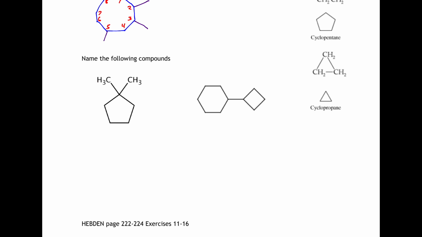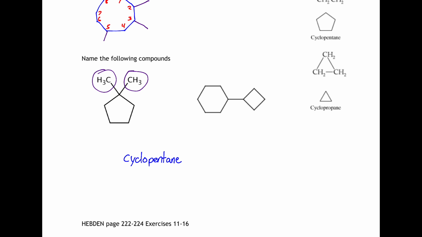Cyclopentane. Great. Now, what are my things stuck to it? I got that thing and that thing. What are they? I say they are ethyl. They are not ethyl. They are methyl groups, single carbon groups.